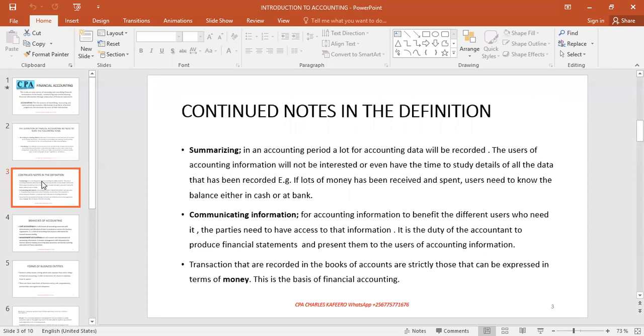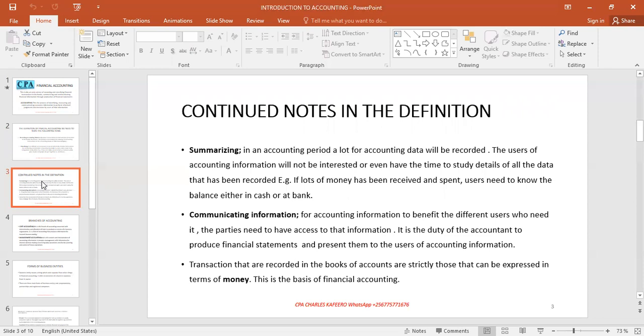So if you want to really communicate something and the person you're communicating to doesn't understand the accounting principles and rules, you can try to find a way of making it simpler for them by just giving them a rough figure.